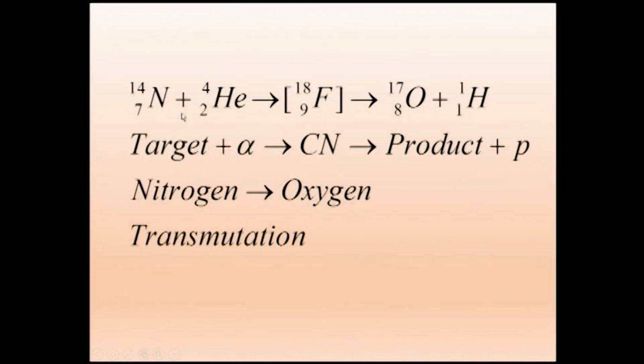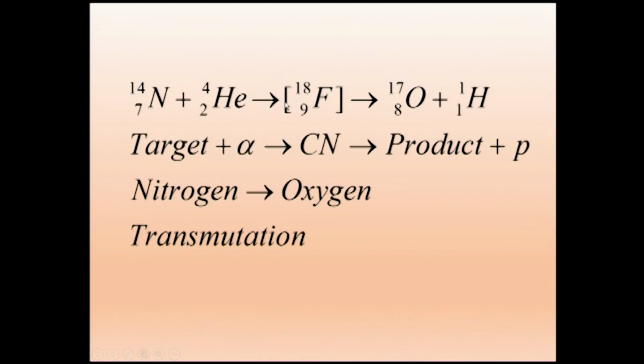Now, for example, we have nitrogen 14 (atomic number 7) and the incident particle is alpha, helium 4. When you put this, this is 14 plus 4, 18, and this is 7 plus 2, 9, which means this alpha particle got embedded into nitrogen 14 and we get F 18.